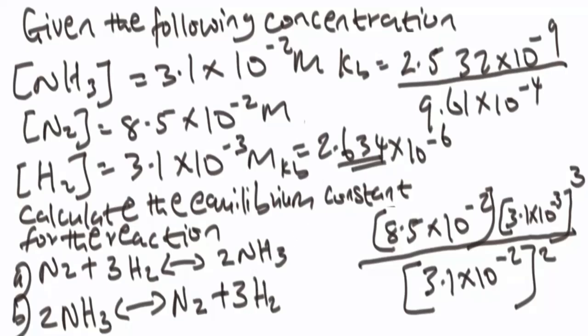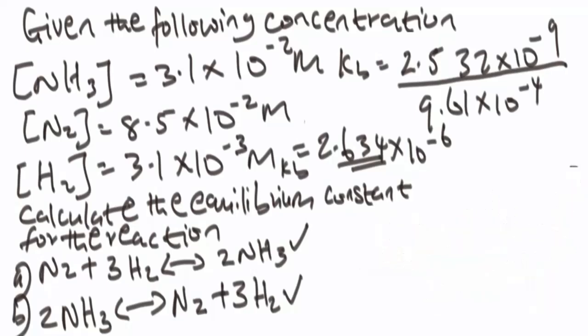So this is it for this question. Now note that this reaction is the reverse of the first. Let me show you. When you punch 1 over this value, 2.634 times 10 to the power minus 6, let me punch it with my calculator.